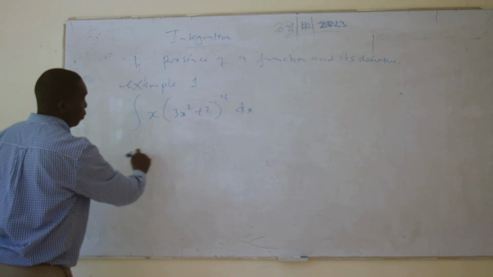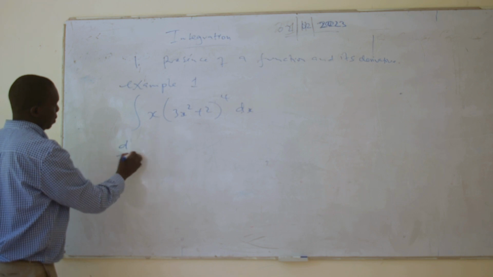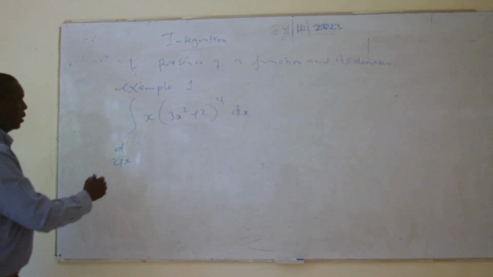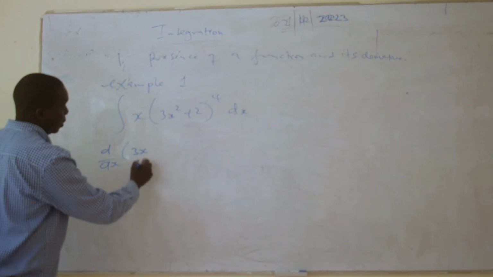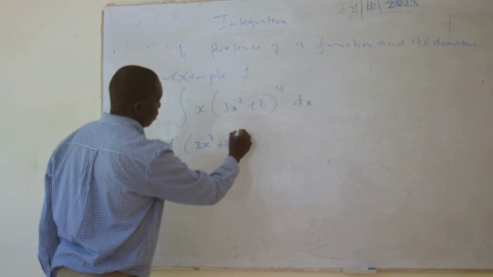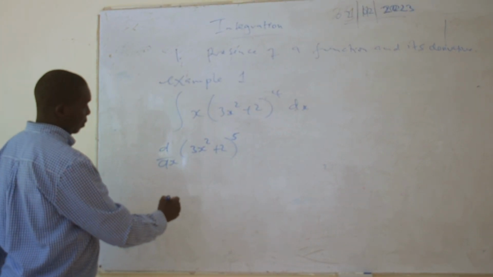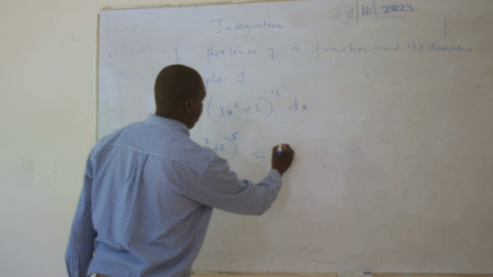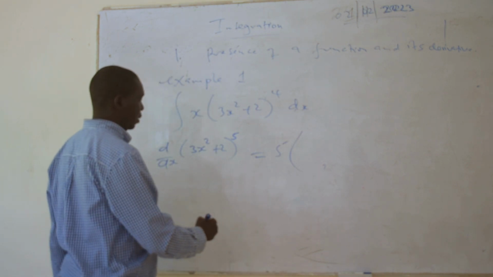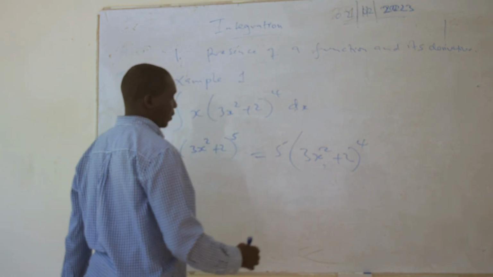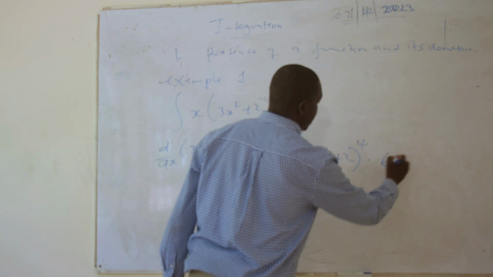So if you look at the antiderivative, that is d/dx, of (3x squared plus 2) raised to the power 5, it will give us 5 (3x squared plus 2) raised to the power 4 times 6x.